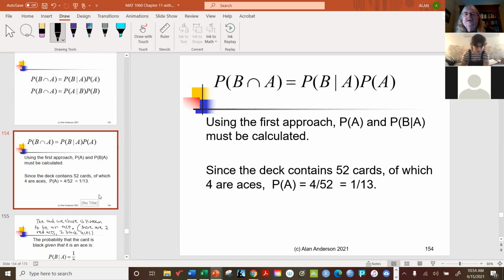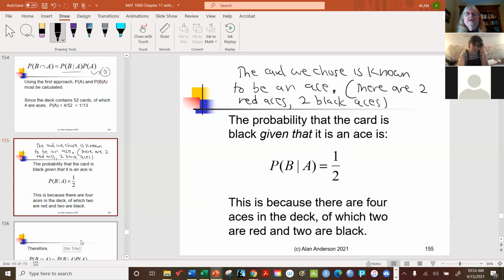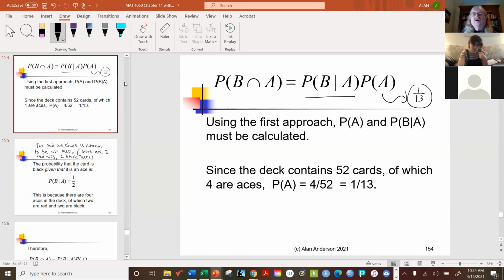All right, now, since the deck contains 52 cards, A by itself is easy. We've already determined this to be 1 out of 13. Okay, this is the tricky one, B given A. Now, how do we interpret that? Well, what this is telling us is that we know for a fact that the card we chose is an ace. That's the given information. What's the probability then that it's black?